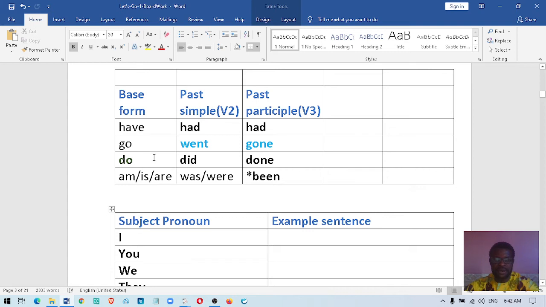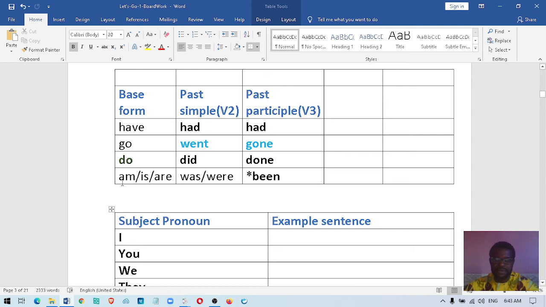And remember, here again, we've got go, and in the simple past, we say went, and in the past participle, we say gone. So when you see have or go or do or am, is, are, it is not all about the base form. We also have what we call the past simple and the past participle. So as you can see here, we've got 1, 2, 3, 4.